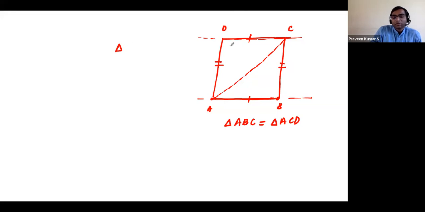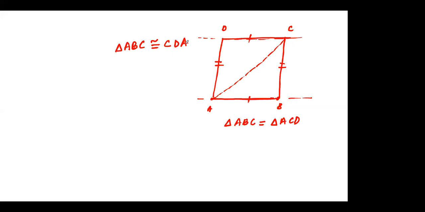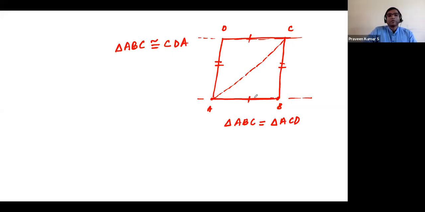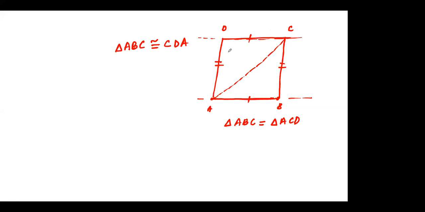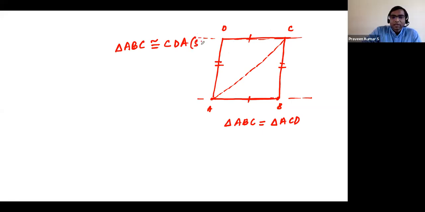So what you are actually doing is you are saying ABC is congruent to CDA. Can you see this? Which is the congruency that we are using here? SSS. Yeah, we are using triple S. We can also use SAS if you observe, because the opposite angles are equal, no?